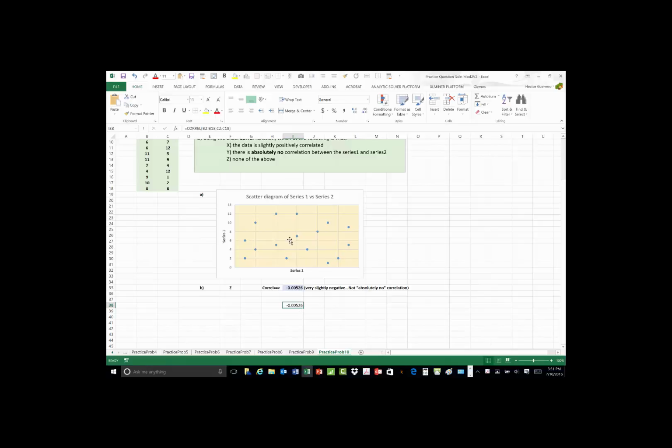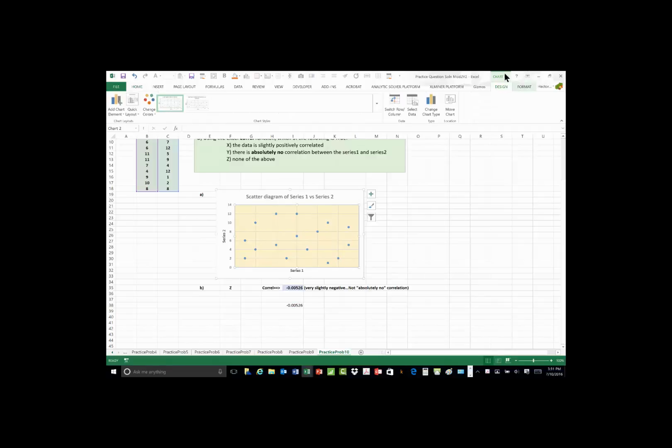But if I put a trend line in this graph that fits the data and says this is the line that minimizes the squared distance between points, that's really the regression. So we can add a trend line.